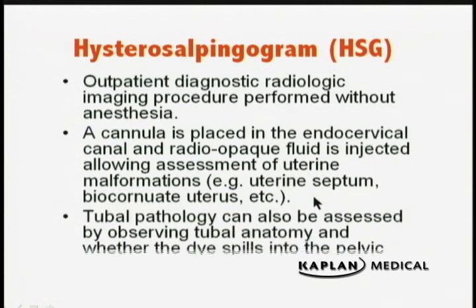Also, the dye goes in through the uterine cavity into the tube, and you can observe the tubal anatomy to see if there's any pathology. Also, is the opening from the tube at the fimbria patent? Will dye spill into the pelvic cavity?